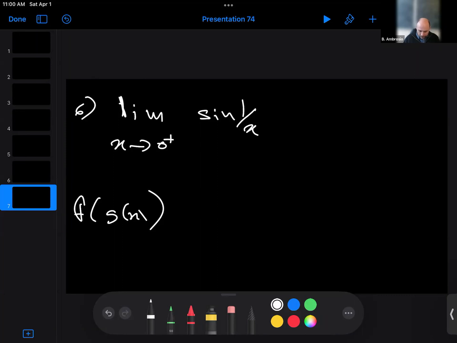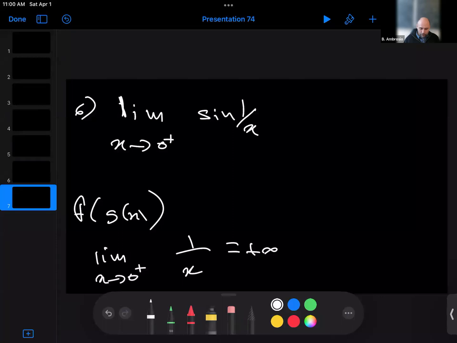So in this case, the limit when x goes to 0 plus of 1 divided by x is plus infinity. But the sine is oscillating between -1 and 1. So this is a little tricky.